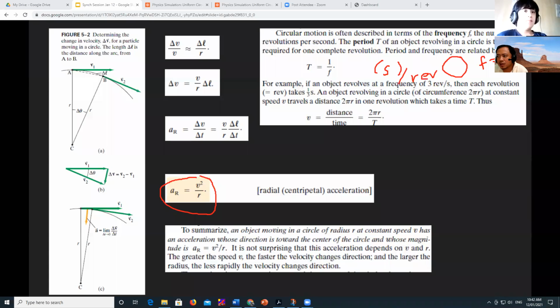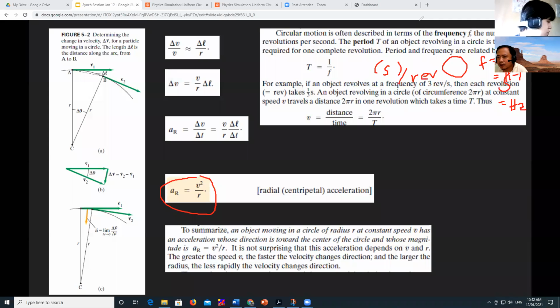So the unit of frequency is revolutions per second, or s to the power negative 1, or 1 over s, since revolution is not a real unit. In physics, this is known as hertz. The unit of frequency is hertz, Hz, in honor of Heinrich Hertz.